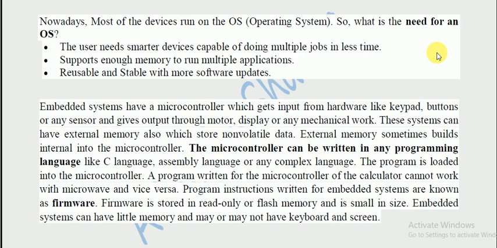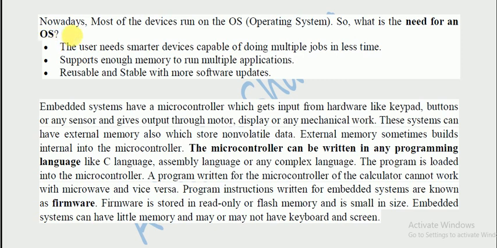In the general case, the operating system is not used, but in a device where we have to perform multiple operations through a single microcontroller, then the OS is required. The main important example of this type of embedded device is the smartphone.